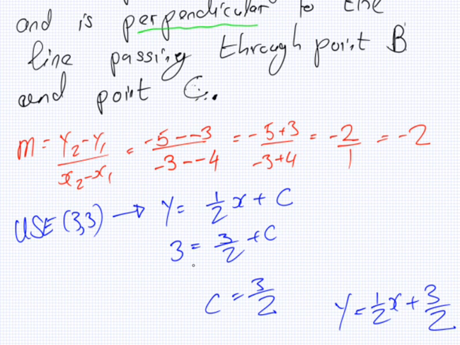B and C are not on line L. So we must use A, 3, 3. That goes in and I get 3 equals 3 over 2 plus c. So c equals 3 over 2. So I have y equals a half x plus 3 over 2.